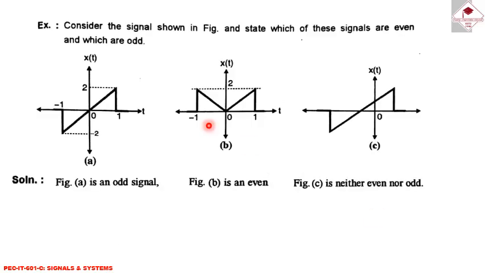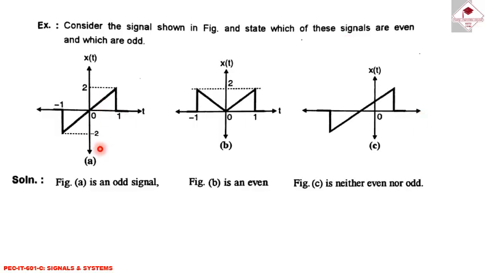Next, we are going to see another question. In this question, some signals have been given to you, and you are asked to consider the signals and state which of them are even and odd. Three figures have been drawn.